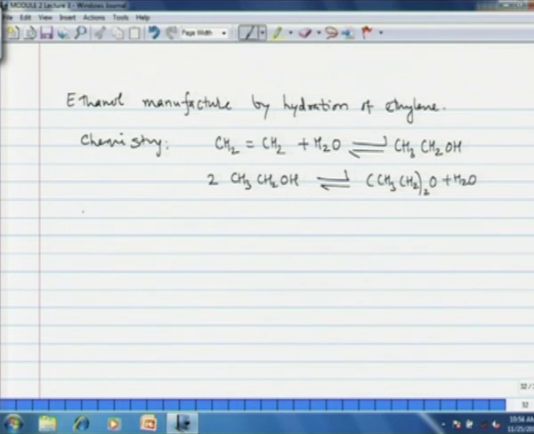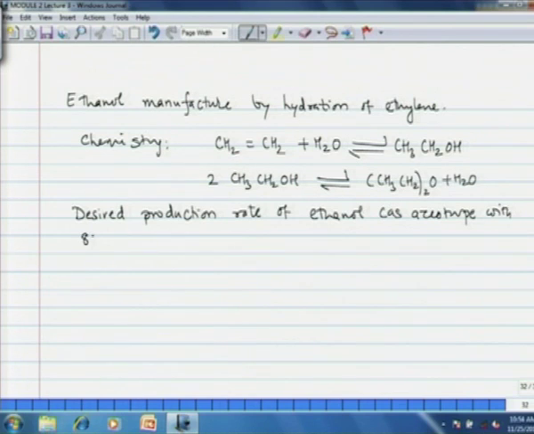Let us say that the desired production rate of ethanol as azeotrope with 85.4 mole percent of ethanol is 783 mole per hour.